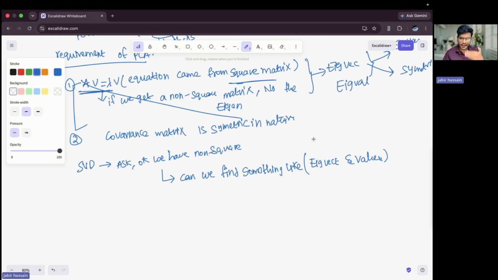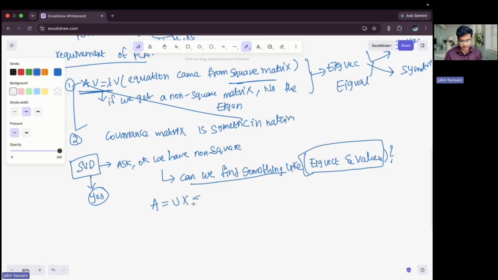For a square matrix we get eigenvectors and eigenvalues, but for a non-square matrix, can we get something similar to eigenvectors and eigenvalues? That is the question SVD asks, and the answer is yes. You can find something similar, and that something similar is singular value decomposition. That something is this: A equals U cross sigma cross V transpose.